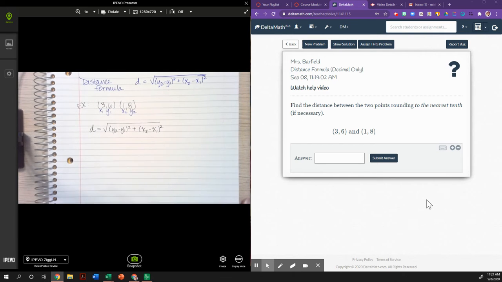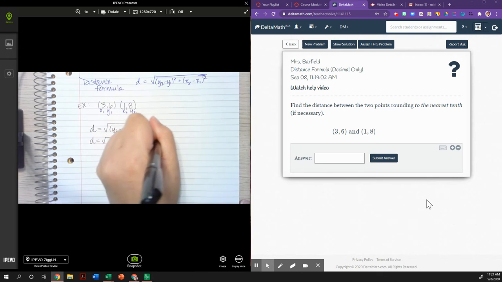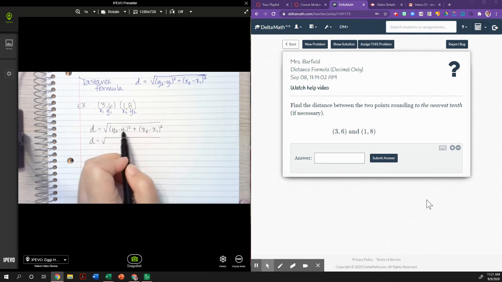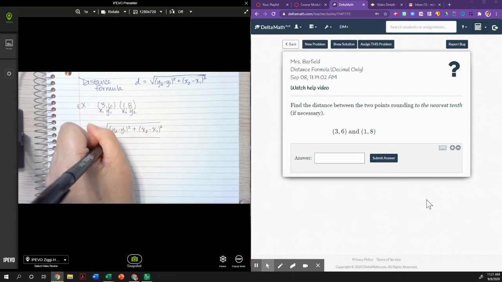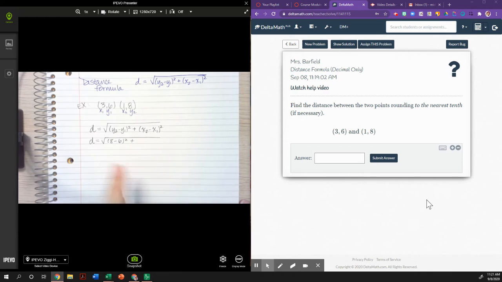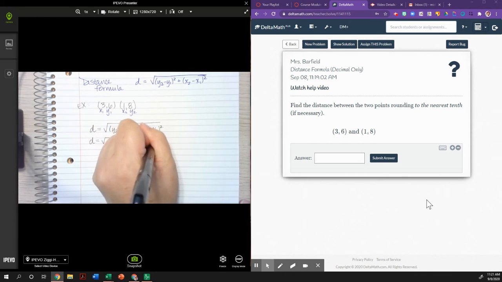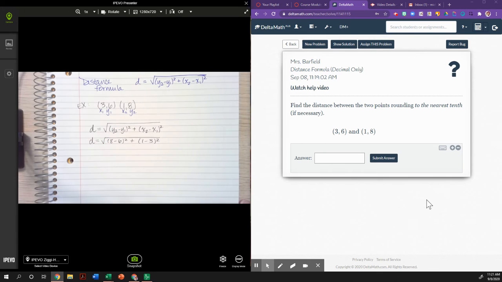So the distance equals, and if you notice, that's very similar to how you set up the slope formula. So y2 minus y1: 8 minus 6 squared, plus x2 minus x1: 1 minus 3 squared.